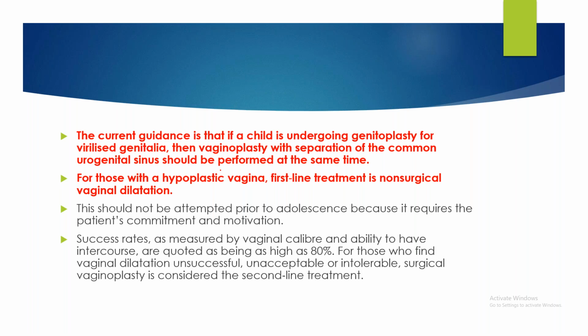Success rates are quoted as being as high as 80%, where success is measured by normal vaginal caliber and the ability to have penetrative intercourse. For those who find vaginal dilatation unsuccessful, unacceptable or intolerable, surgical vaginoplasty is considered second line treatment, and it is usually done after adolescence, not before that.